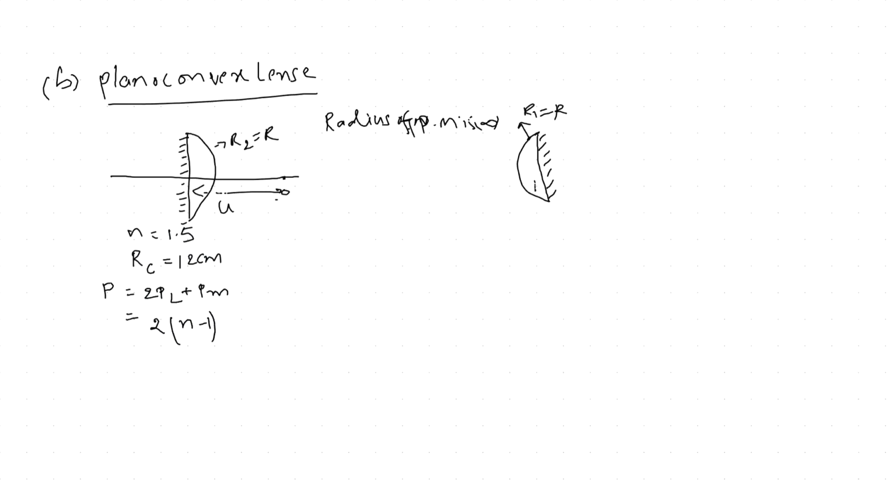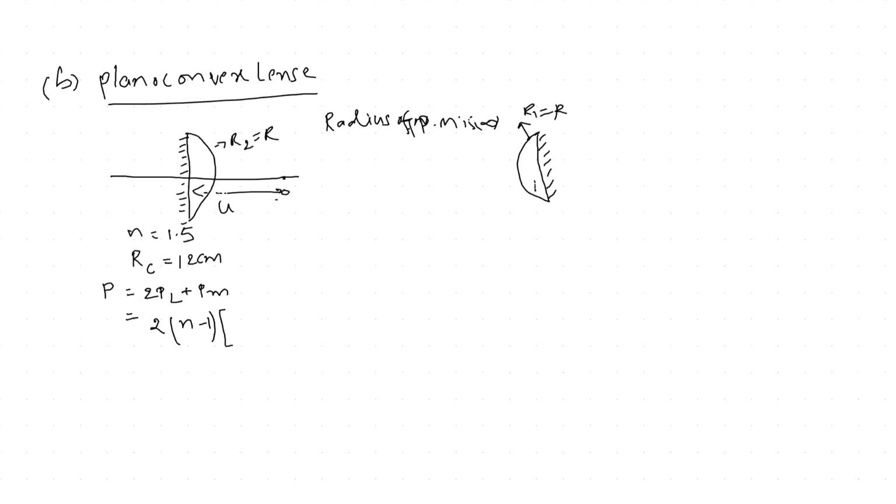And here the object is on this side, so R2 is positive because the incident direction is this one.